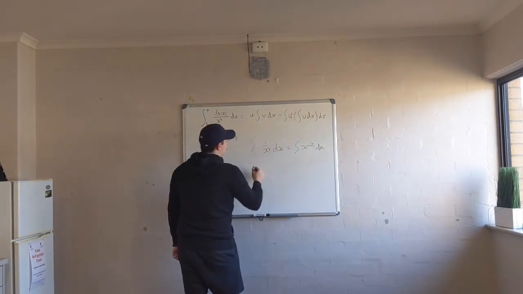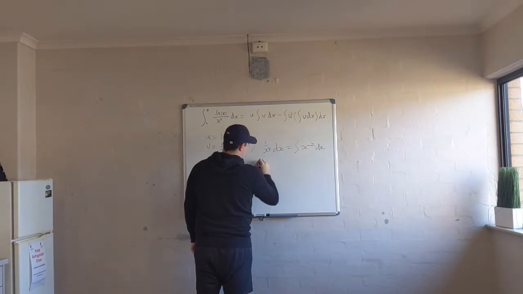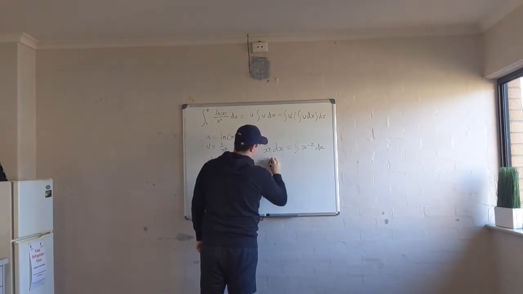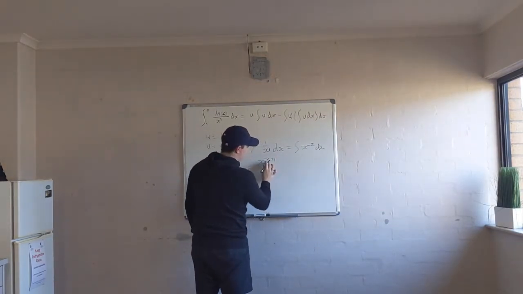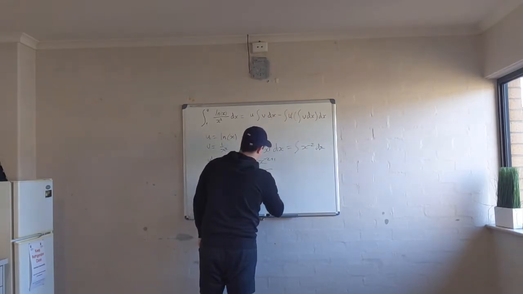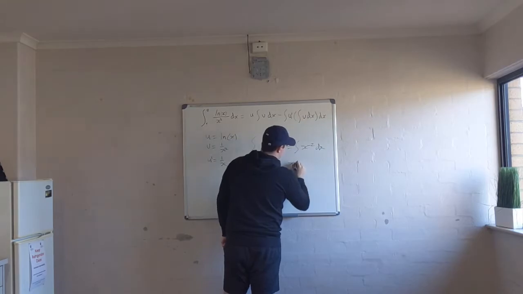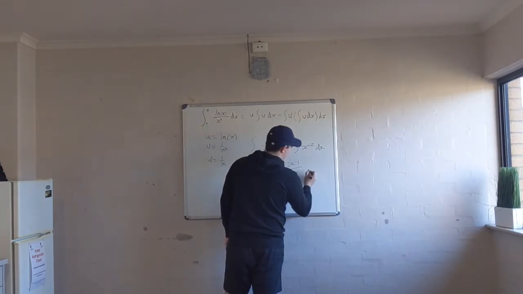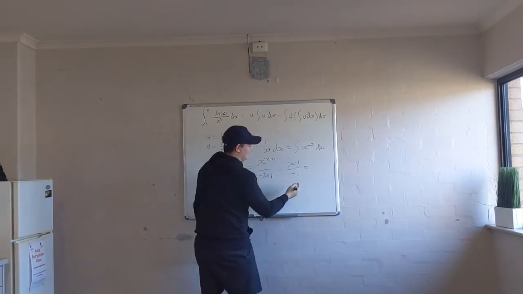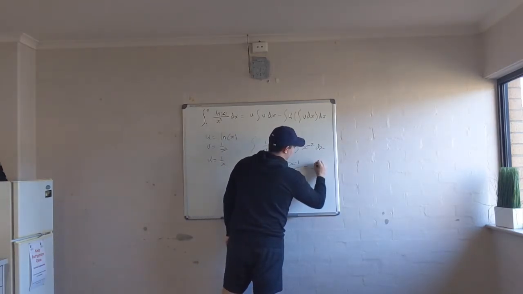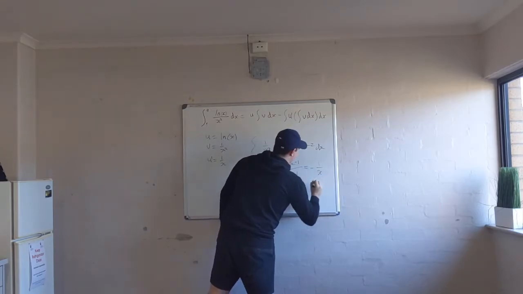Now using the power rule, we should get x to the power of minus 2 plus 1, over minus 2 plus 1, which is equal to x to the power of minus 1 over negative 1, which is equal to negative 1 over x.